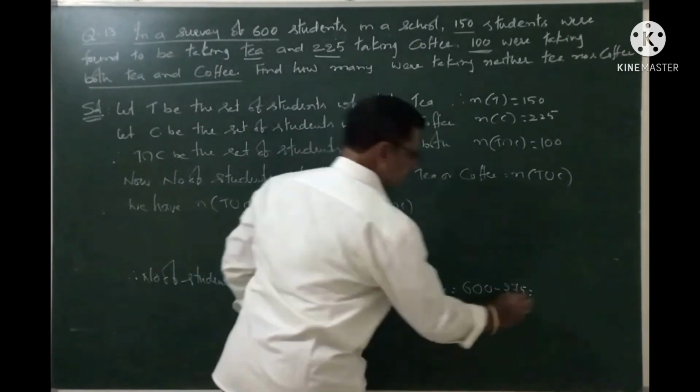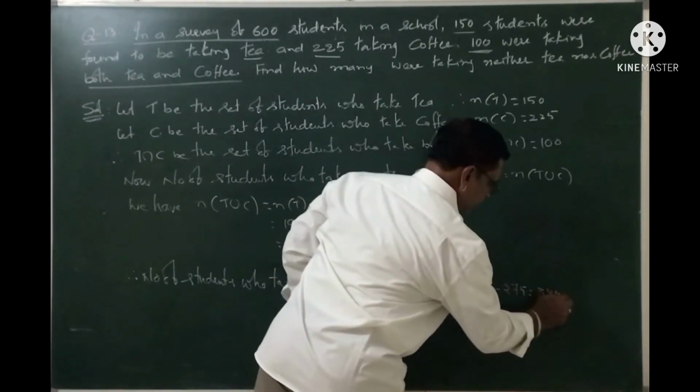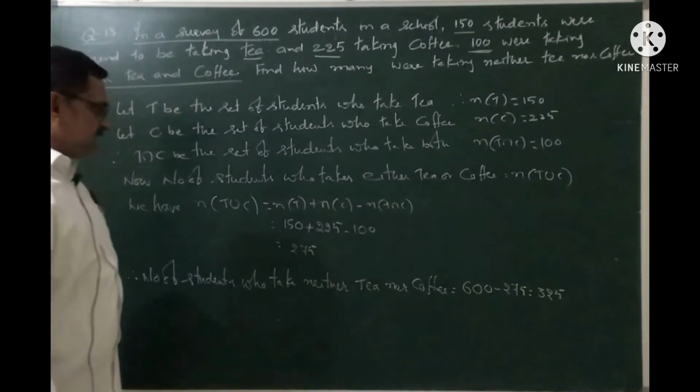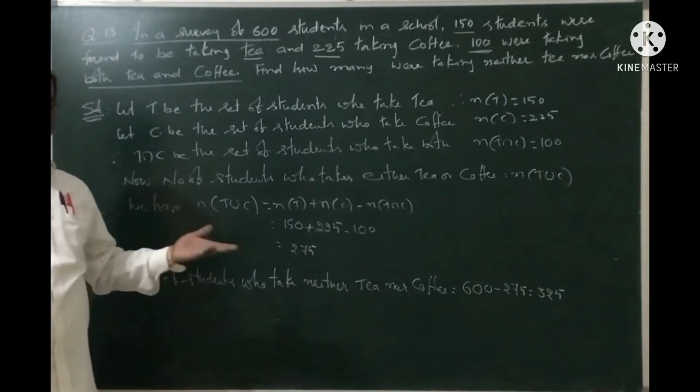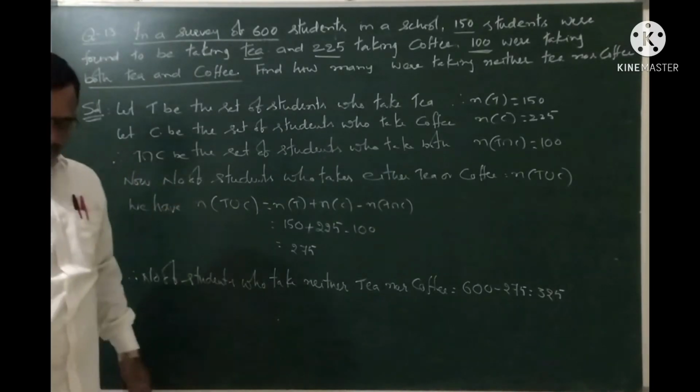How much is this? 325 students. So 325 students don't belong to either the tea group or the coffee group. Please take note of it.